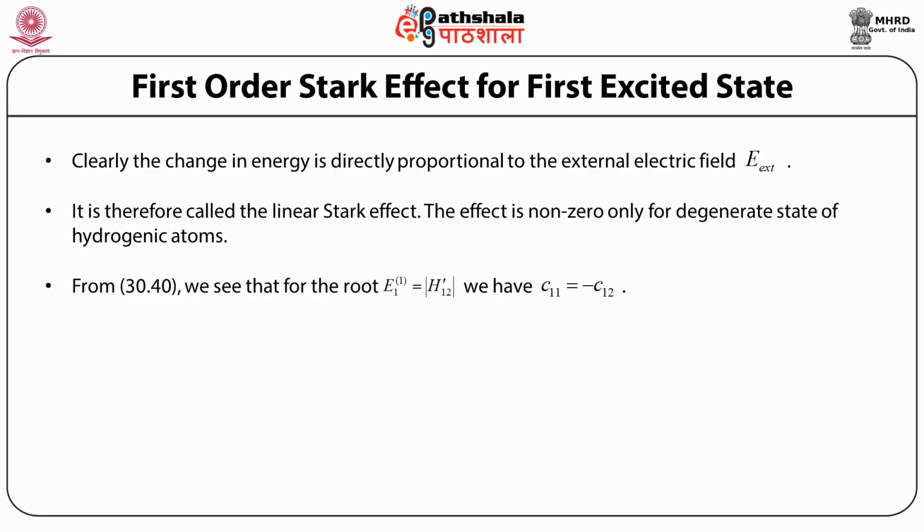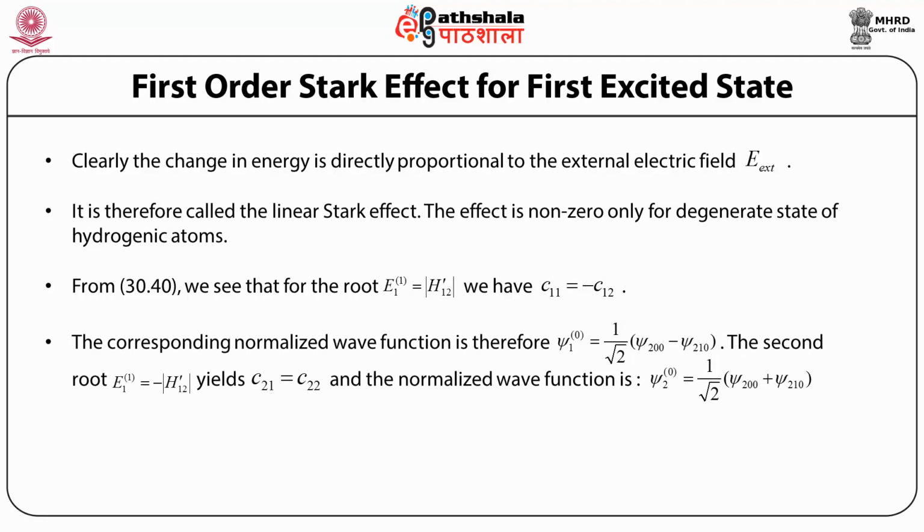We see that for the root E11 equal to the modulus of H12 prime, we have C11 equal to minus C12. The corresponding normalized wave function is therefore psi 10 equals 1 by square root of 2 times psi 200 minus psi 210.